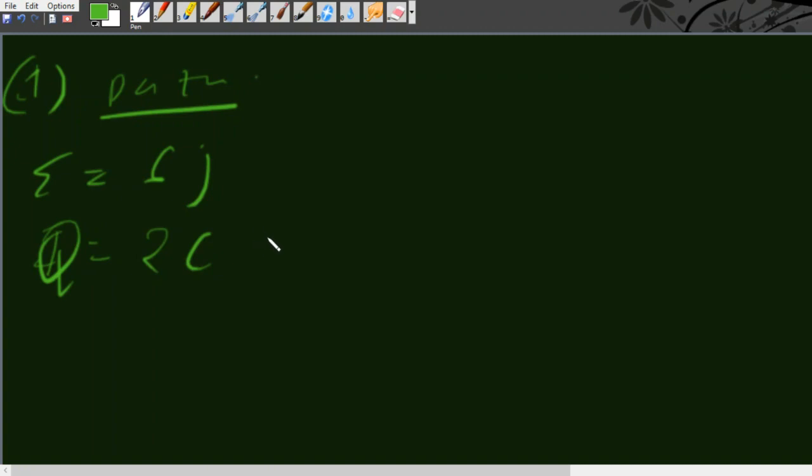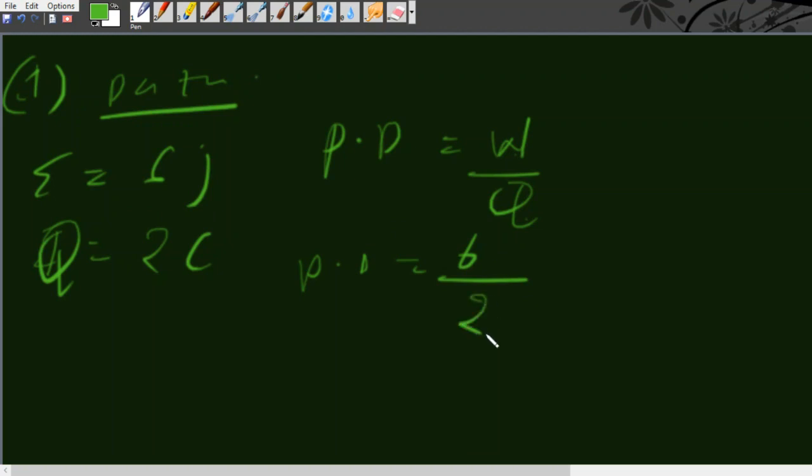Then I have been asked to find the potential difference, and from this I can say potential difference is equal to my energy, which is represented by W or E, so W divided by Q. So my potential difference will be equal to W, that's energy, which is 6 divided by Q, that's 2. So my potential difference there, it's 3 volts.